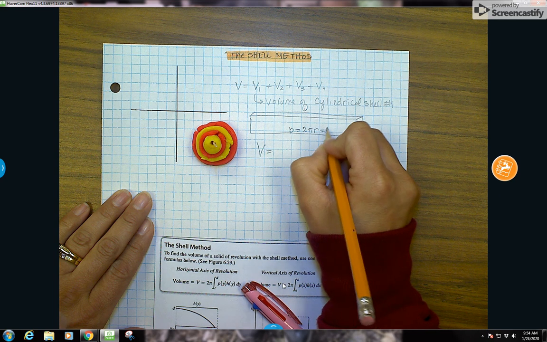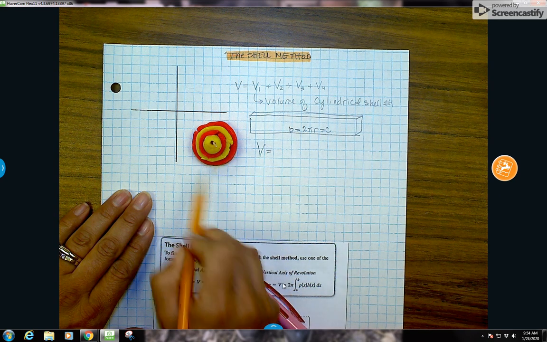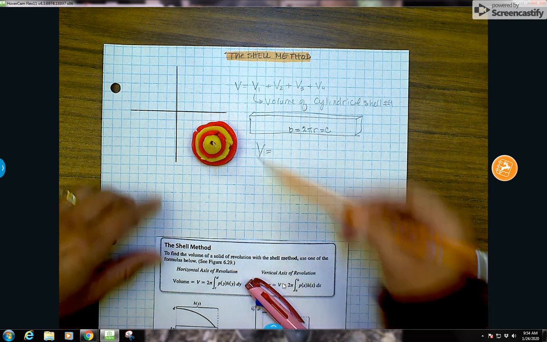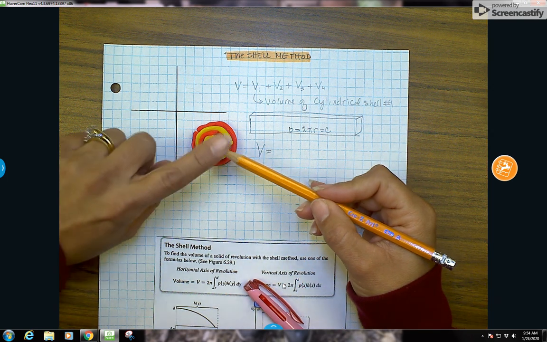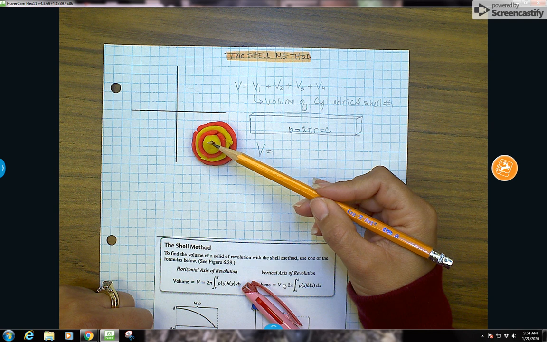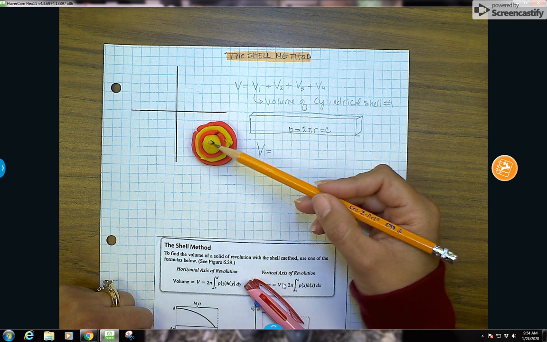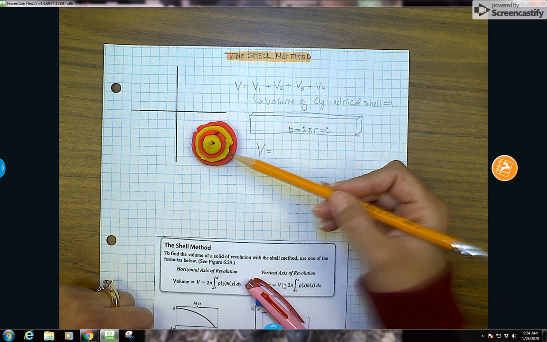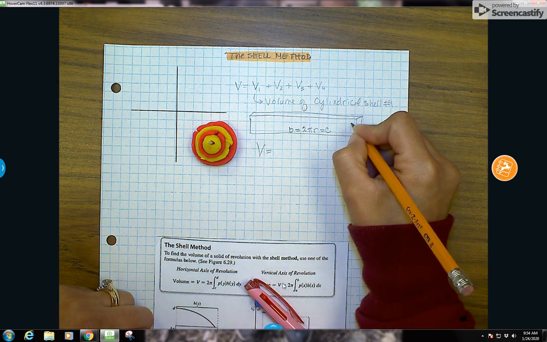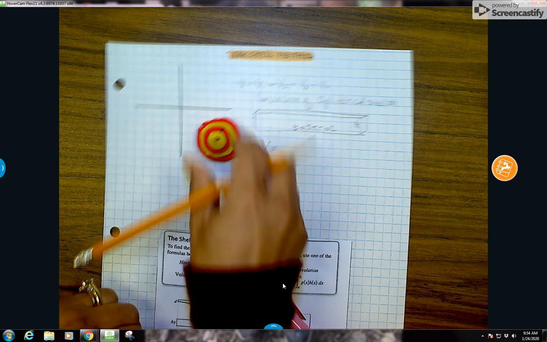It's equal to the circumference of this cylinder, where r would be the radius that extended from the axis of rotation to the center of this shell. And then the height would just be the height of that figure.